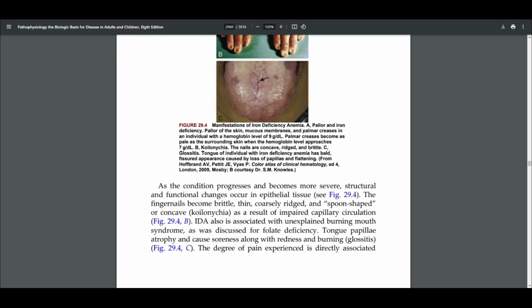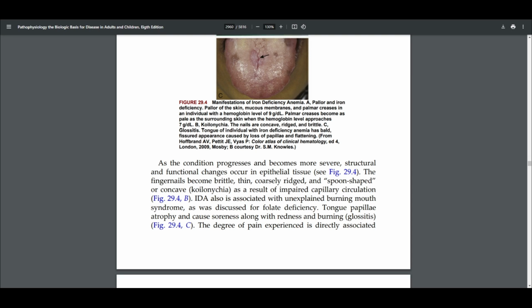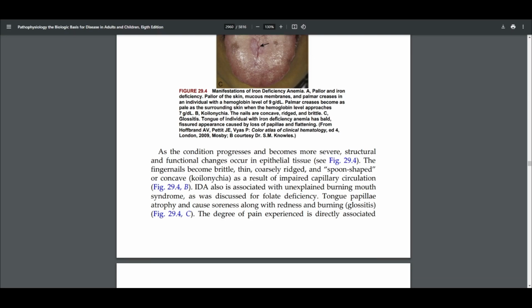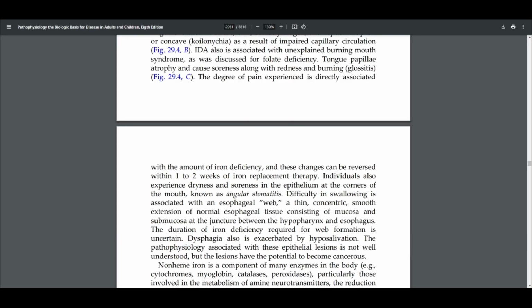IDA is also associated with unexplained burning mouth syndrome, as was discussed with folate deficiency. The tongue papillae atrophy and cause soreness along with redness and burning. The degree of pain experienced is directly associated with the amount of iron deficiency, and these changes can be reversed, usually within 1 to 2 weeks, of iron replacement therapy.